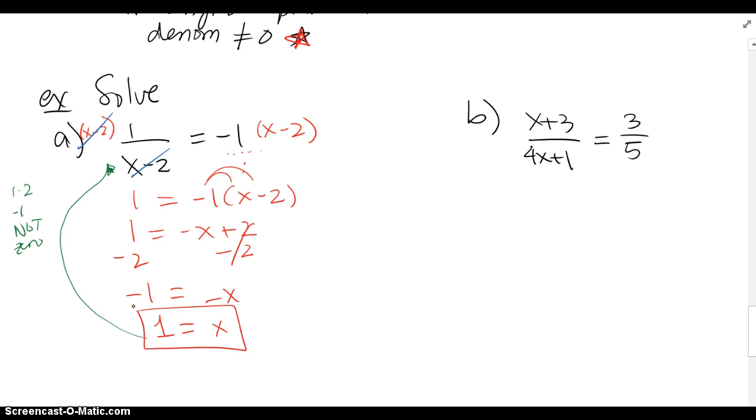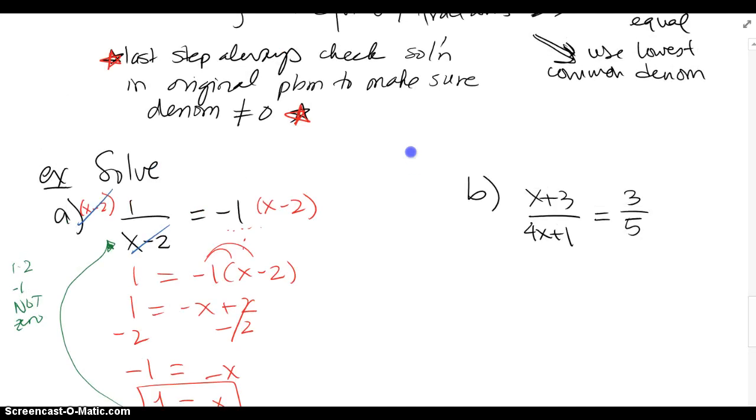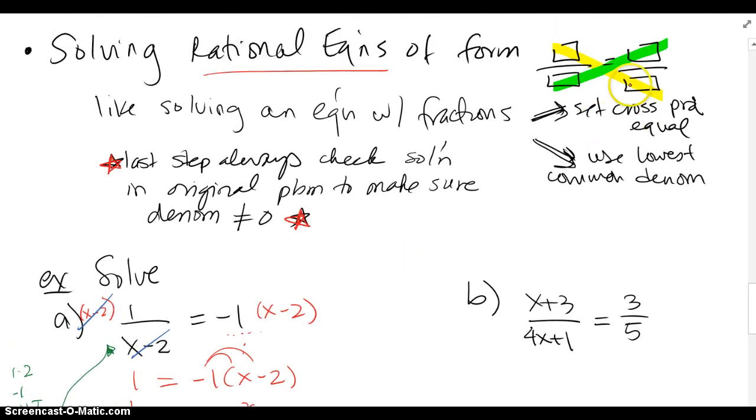Now part B, I can do the same thing. I can multiply both sides by the lowest common denominator, which in this case will be the factor 5 and the factor 4x plus 1. Or I'm going to use the first method, the cross product, for this one.